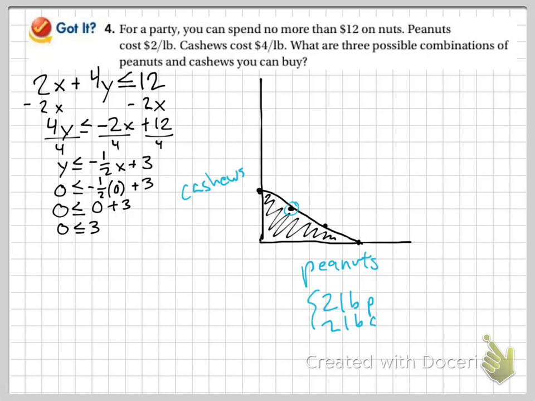That's one option. I could take this point right here because that's in the shaded area. So that's 1 pound of peanuts and 1 pound of cashews. That's an option. I could take this option right here. That's 3 pounds of peanuts, and that's 1/2 pound of cashews, right? So any point in the shaded area or on the line is a possible solution.